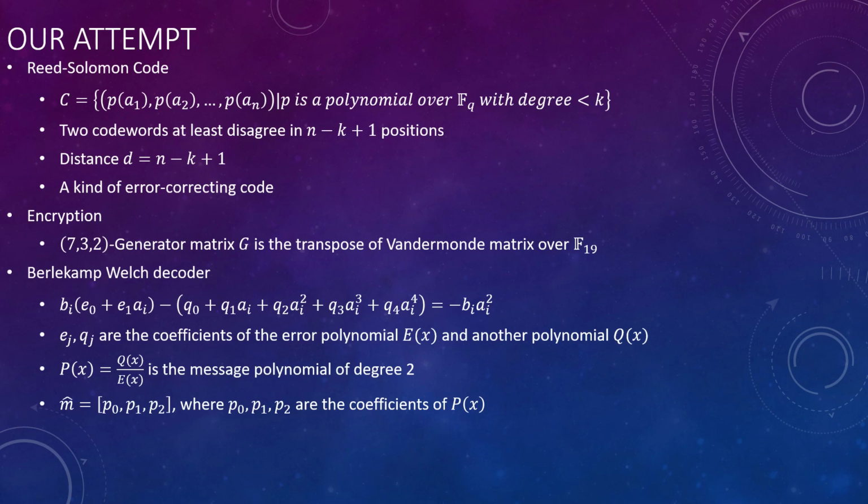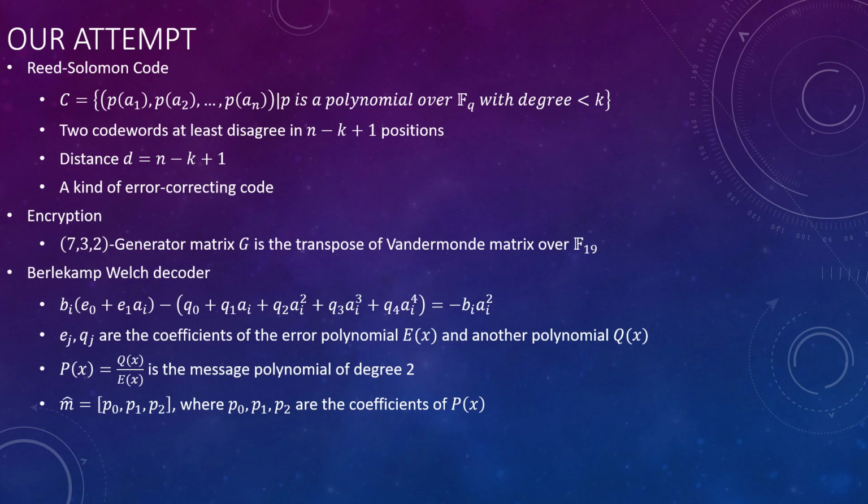In our encryption here, we choose the values of n, k, t to be 7, 3, 2. The message polynomial's degree would be 2 only, because it has three coefficients, and thus the message has length 3, which is the length k, like we said before on the last page.